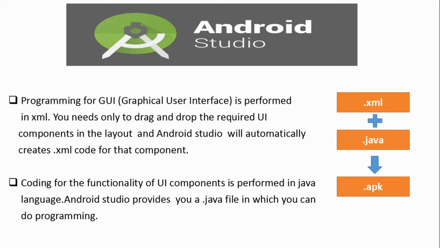So we can say that in Android Studio there is no overhead of coding in .xml for designing the layout, because XML is automatically generated, and we only need to drag components like button, text block, spinner, etc. into the layout area. For Java, the coding for the functionality of a UI component, that is how the component works, is performed in the Java language. Android Studio provides you a .java file in which you can do programming.